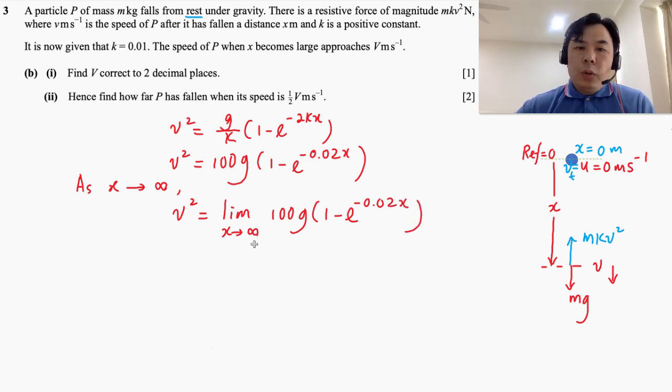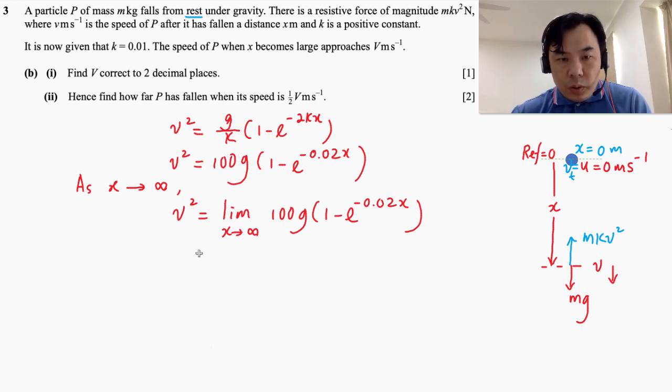Now we know that as x approaches infinity, when it becomes very large, the exponential component would eventually diminish to zero. Therefore, this whole v squared would be equal to 100 g.